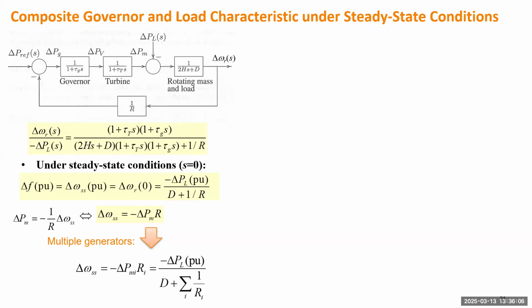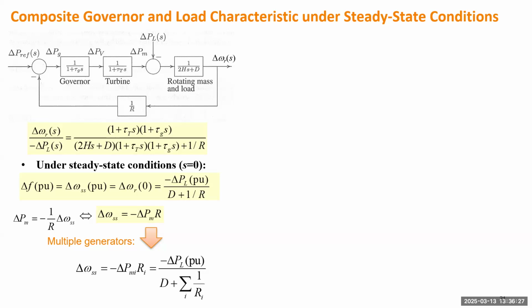So this is the steady state frequency. It means really the final system frequency of the entire system after all the transient dynamics have finished. But the second equation tells us this frequency deviation depends on the load change on the system.